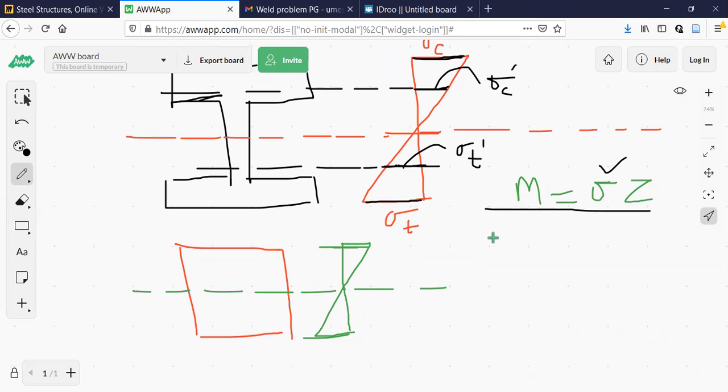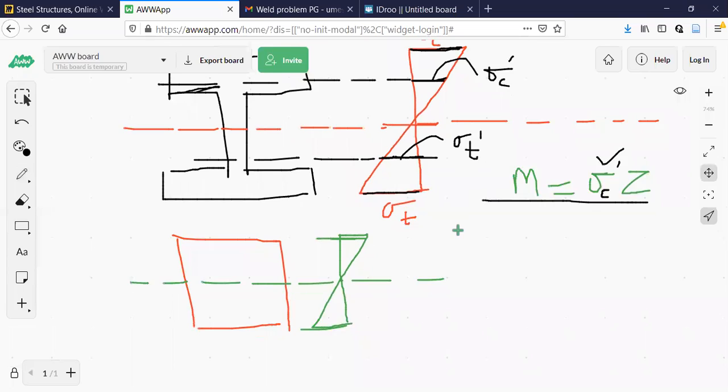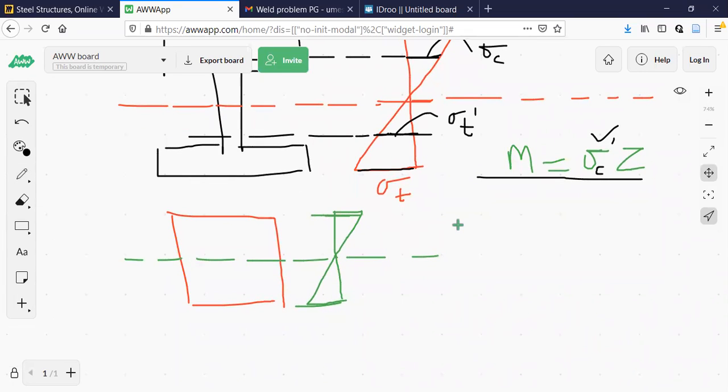Again, the formula remains the same, M by Z, but how do you find Z here if you want to find sigma C dash? If you don't know the basics, it becomes more difficult for me to convince you people in this subject, because this is not a UG course.